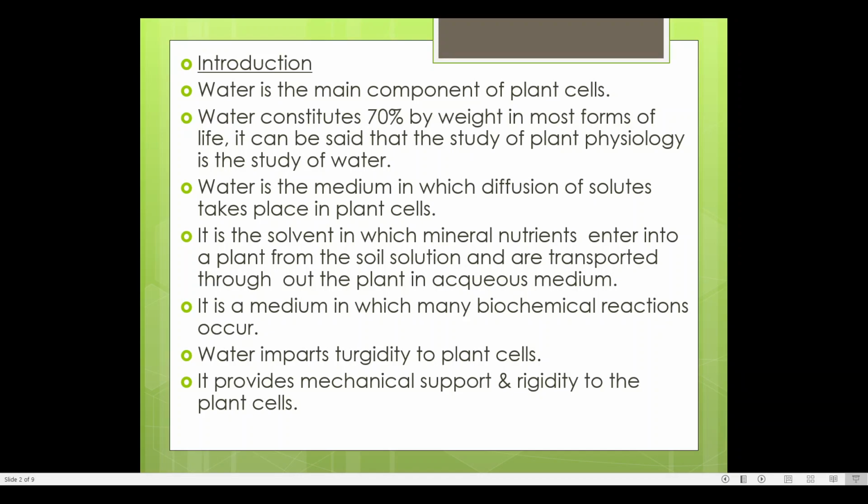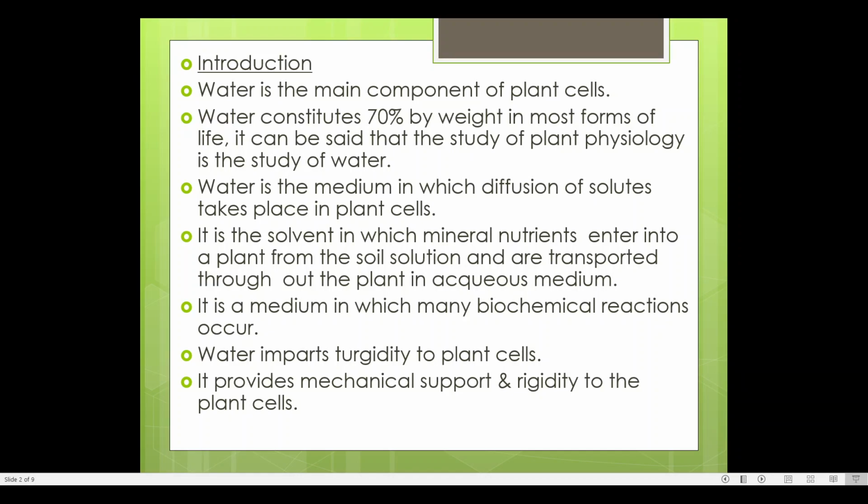Introduction. Water is the main component of plant cells. So we all know that water is the main component for every living cell. It constitutes about 70% by weight in most forms of life. It can be said that the study of plant physiology is the study of water.